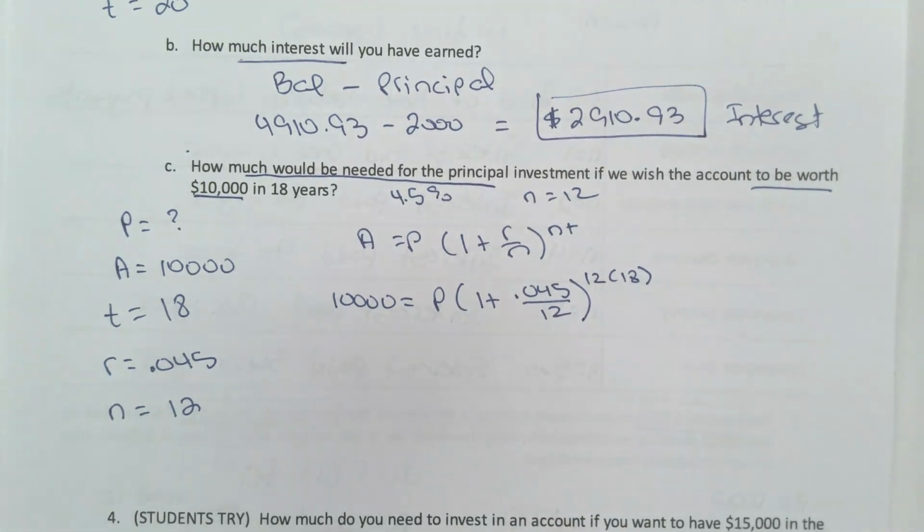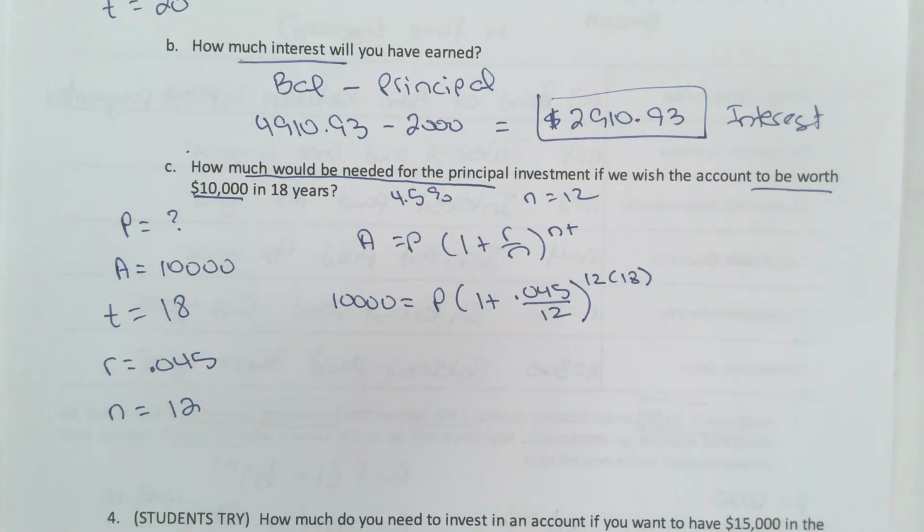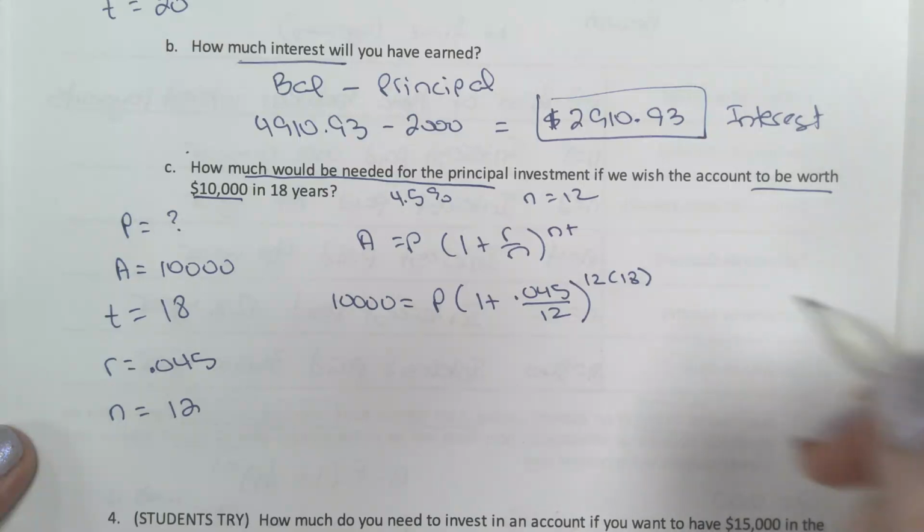Help yourself get partial credit just in case you make a mistake along the way. I like seeing the formula. I like seeing direct substitution. And then you can run the numbers in the calculator.